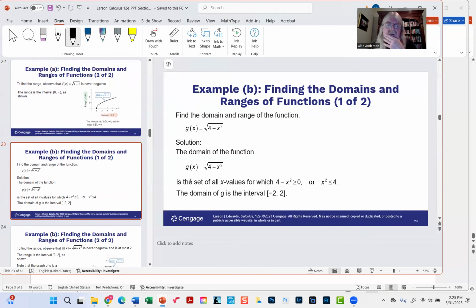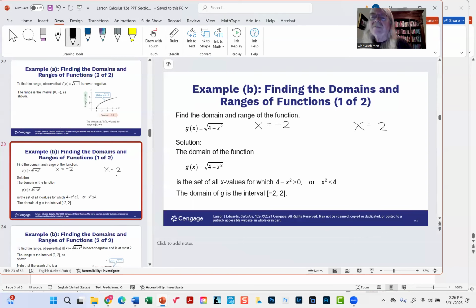And here's another similar one. It's a little bit more involved because you're subtracting this x squared, but x can equal, well, actually, it can equal negative 2, and it can equal positive 2, and it can equal anything smaller than that. But that's as far as it can go.